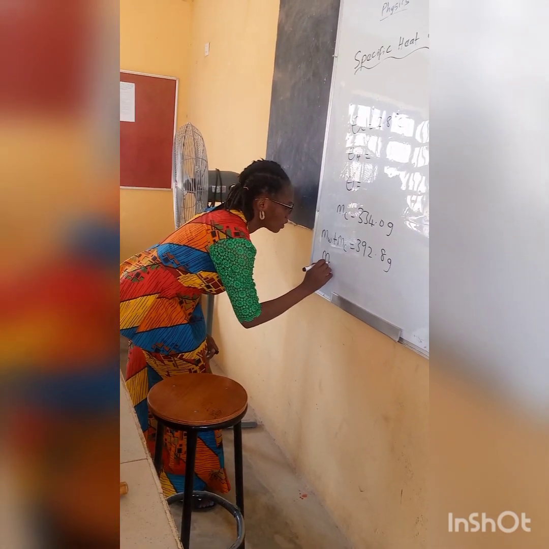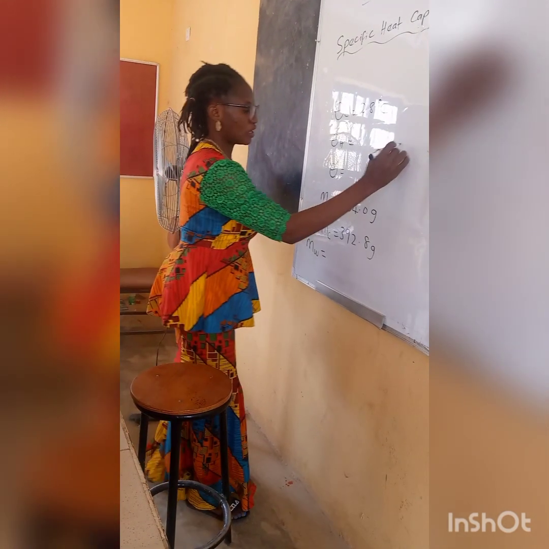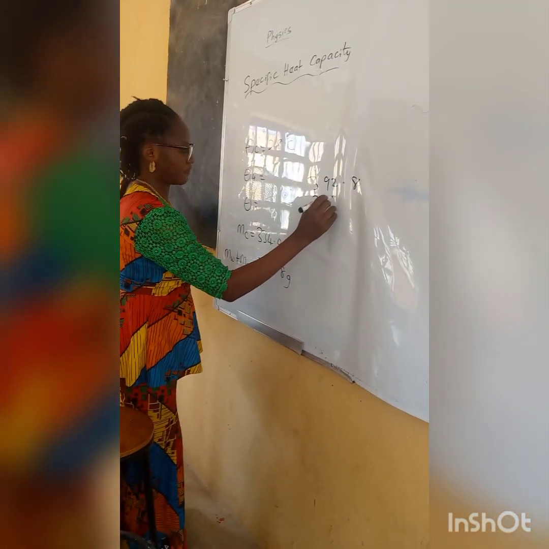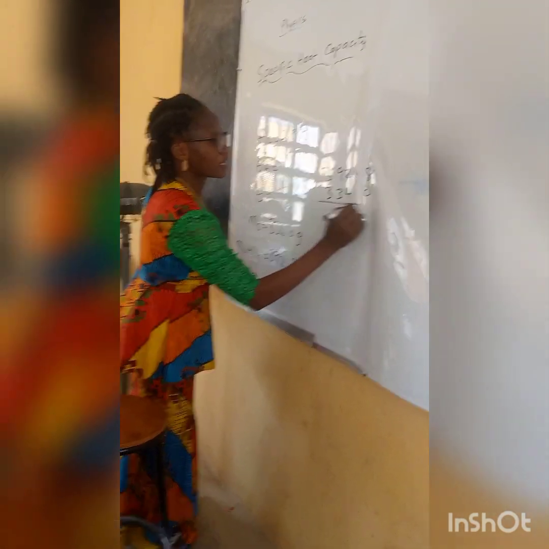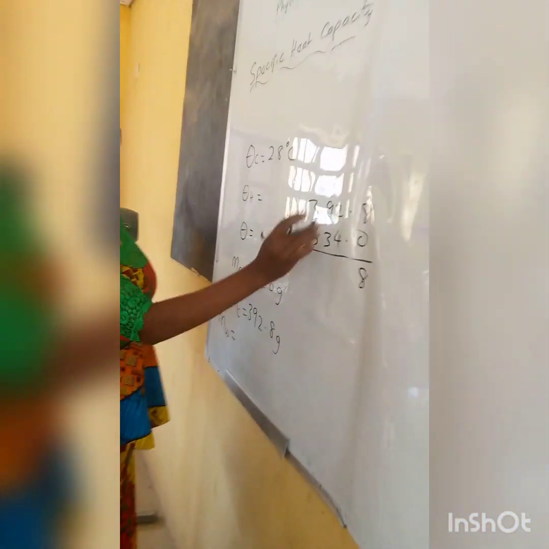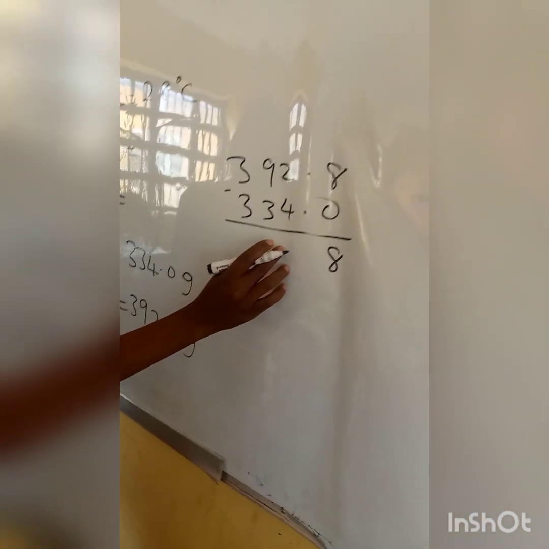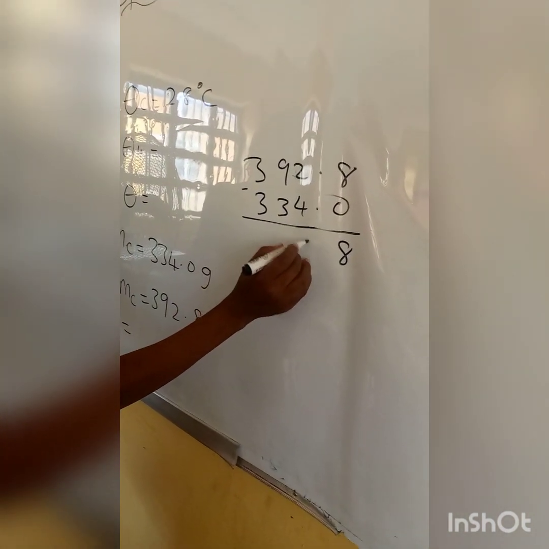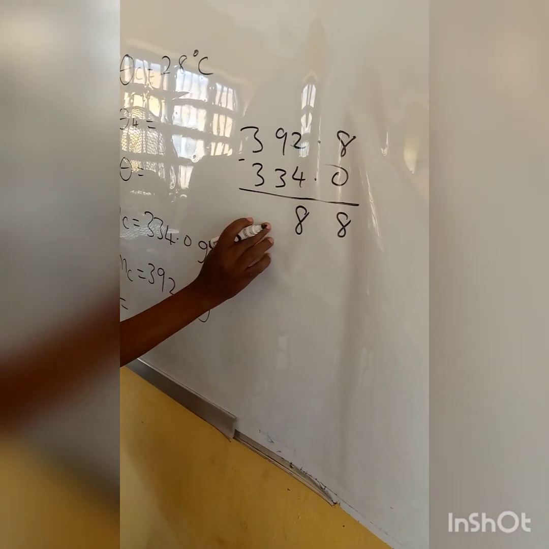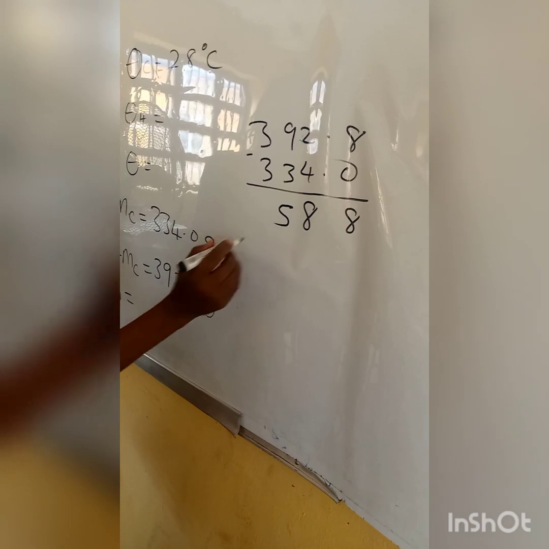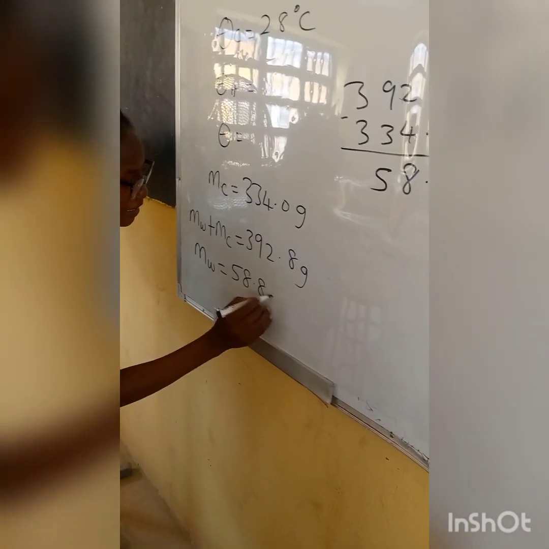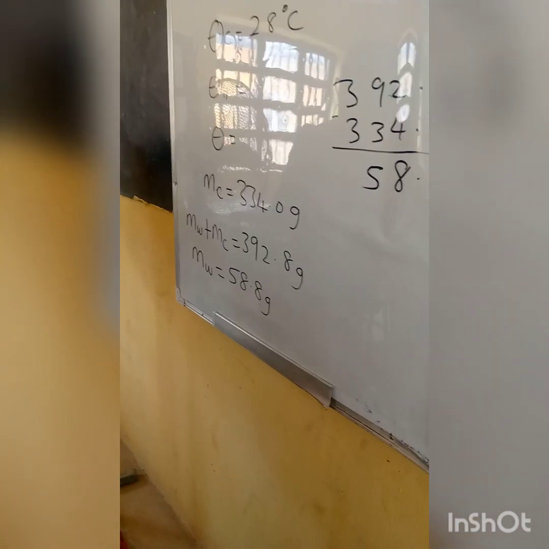If we do the subtraction, 392.8 minus 334.0. 8 minus 0 is 8. 2 minus 4, if we borrow one, gives 8. Then 8 minus 3 gives 5. So the mass of water will be 58.8 grams.